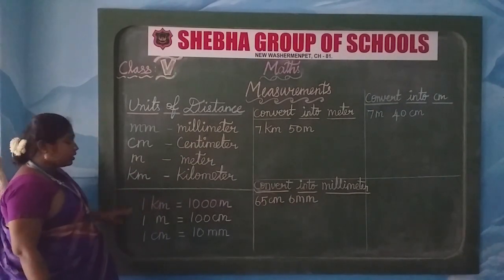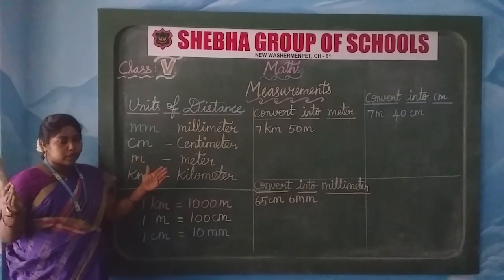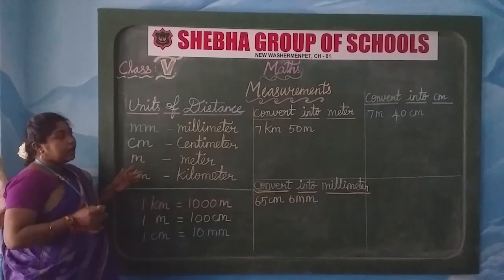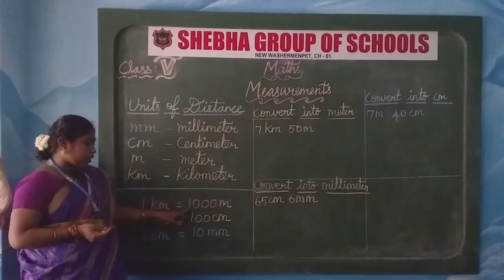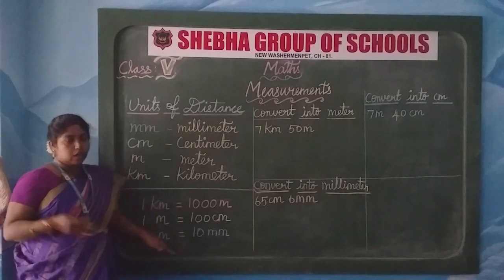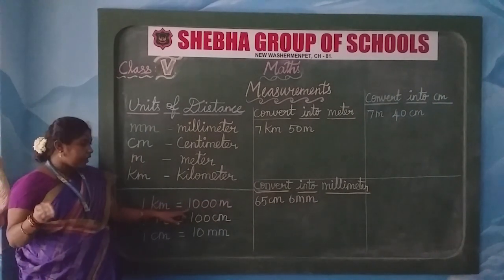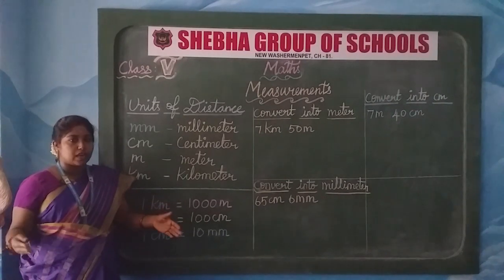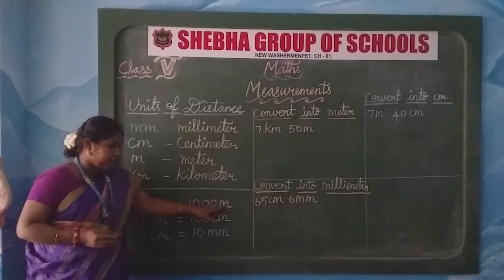I have examples here to convert bigger units into smaller units. First, 1 kilometer is equal to 1000 meters. How? 1 kilometer is divided into 1000 equal parts, and each part is considered a unit of meter.